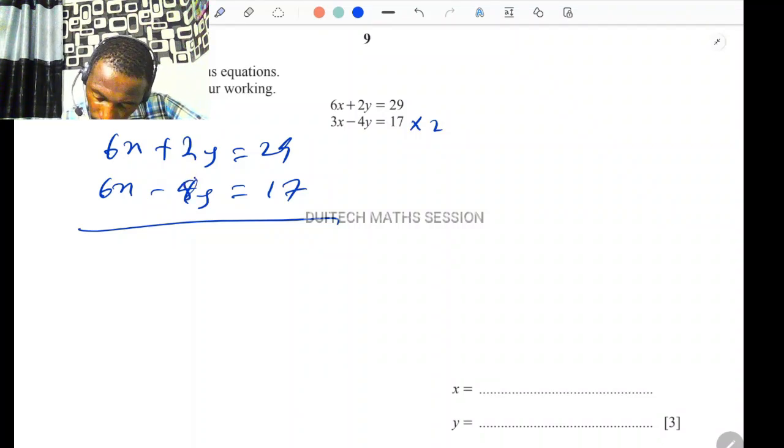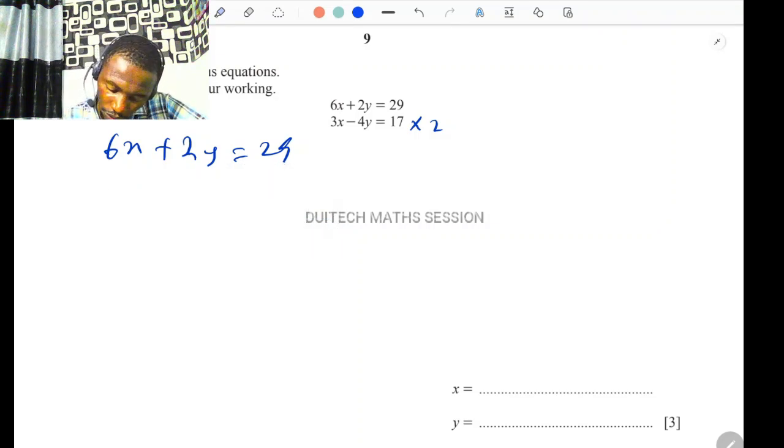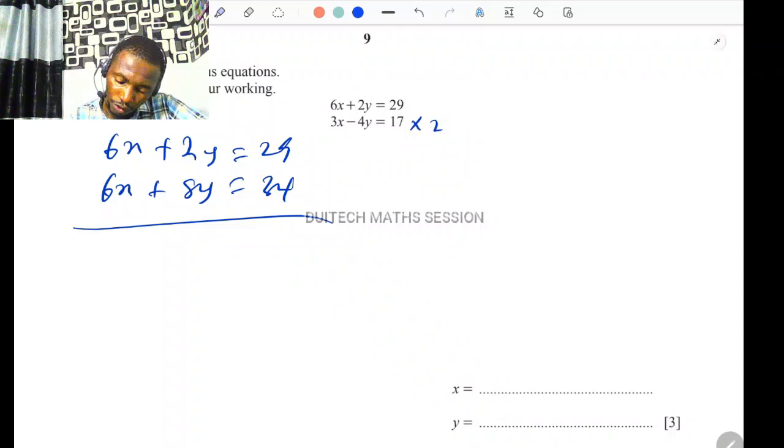Sorry, multiplying by 2, so I have 6x plus 8y is equal to 34. So 6x is gone, and the 8y is supposed to be minus here.